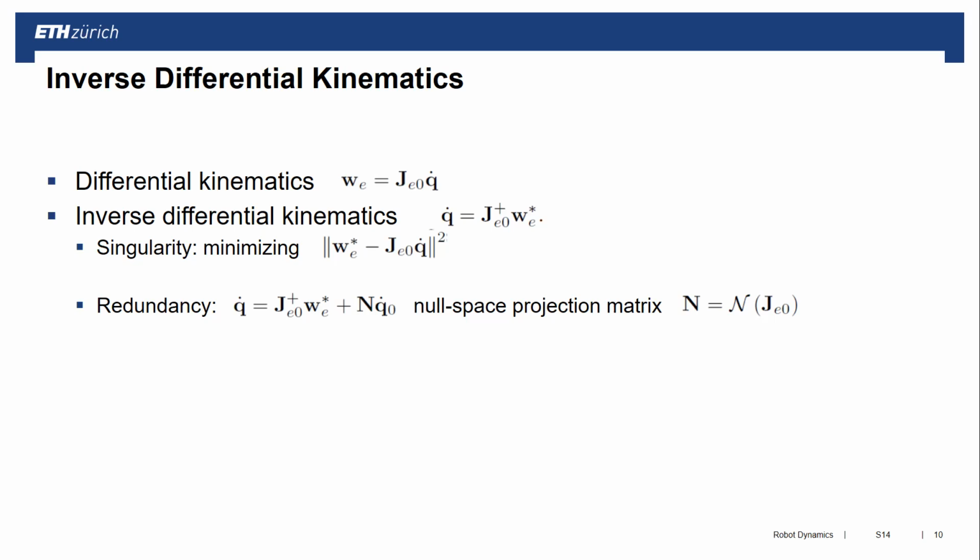So I do this, and then I have my null space projector matrix N, which is a function of my J, which allows me to arbitrarily change my Q dot without violating the task that is fulfilled. So it allows me now to achieve different motions without changing my end effector motion.